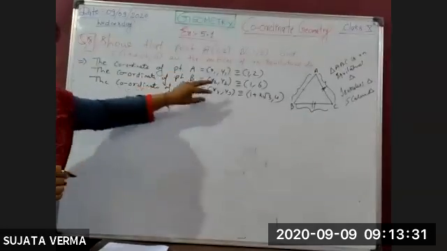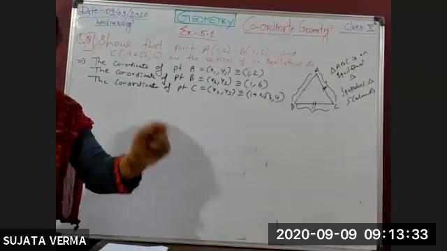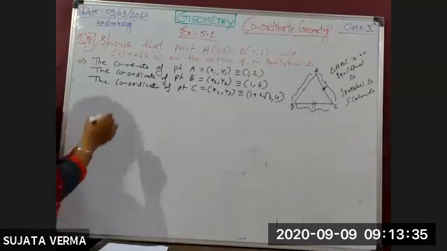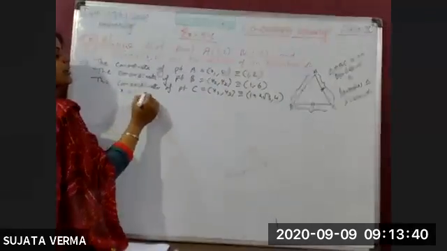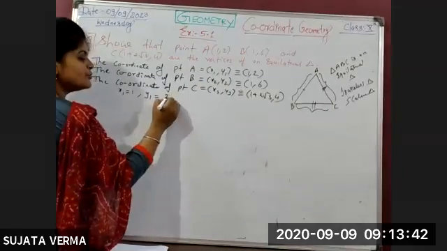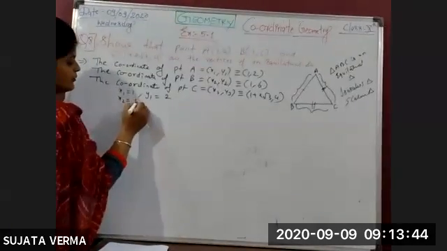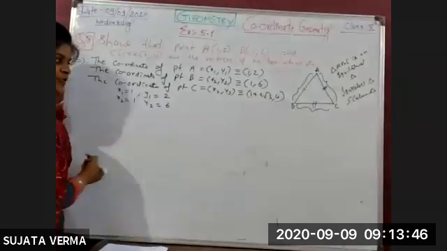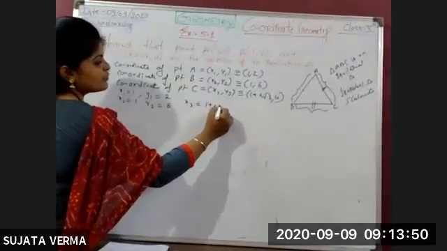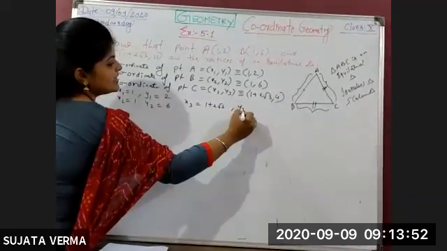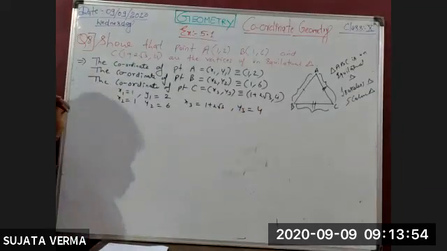First we write the coordinates of points A, B, C. From this we get x1 is equal to 1, y1 is equal to 2, x2 is equal to 1, y2 is equal to 6, x3 is equal to 1 plus 2 root 3 and y3 is equal to 4. Okay.